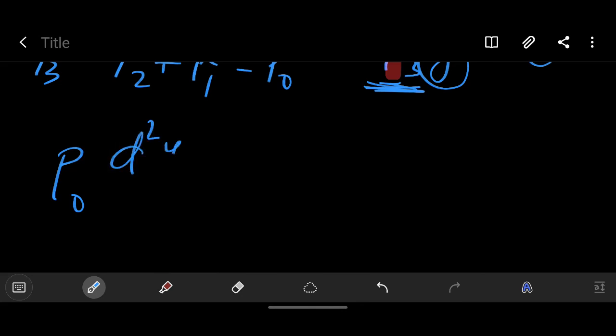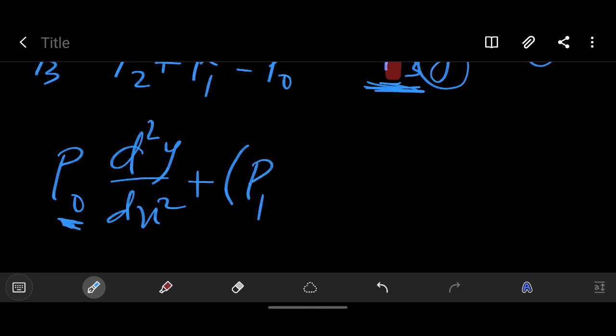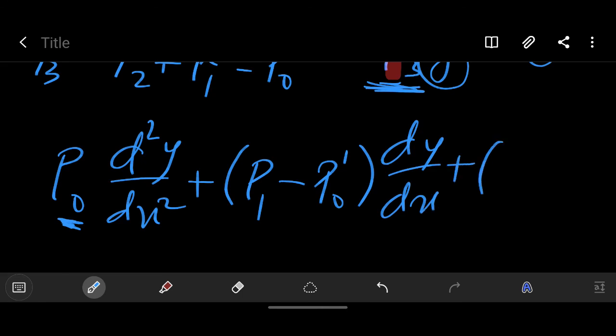So this becomes d2y/dx2 plus the second coefficient, which is just above this, P1, minus the first derivative of P0, times dy/dx. Then plus the next one, P2, minus the first derivative of P1, and then plus, changing the sign alternately, P0's second derivative, times y. On the right-hand side, when you integrate 0, it becomes 0, but the integration constant should be there, which is c.